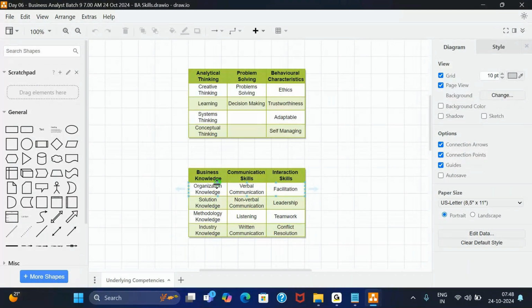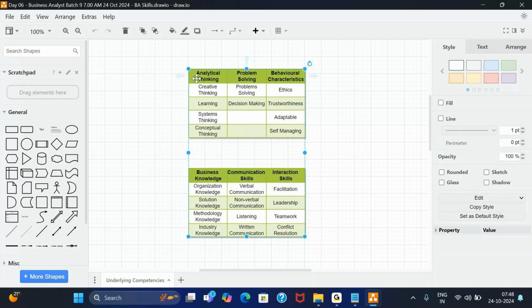All those skills needed by a BA can be put into six categories: analytical thinking, problem solving, behavioral characteristics, business knowledge, communication skills, and interaction skills. Under each category you can see the exact skills that are needed. For example, analytical thinking contributes to your ability to analyze problems.